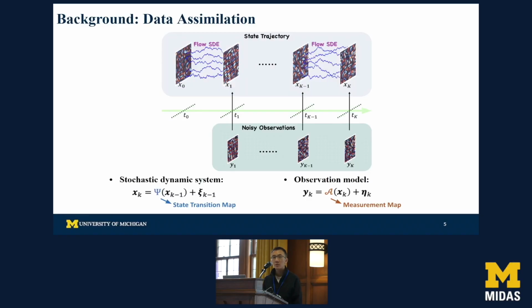Here we consider a setting where we have partial observations of X. For each state of X, we have some partial observation, where this A operator is measuring a partial observation of our X. This can be a sparse measurement, or it can be a low resolution measurement of our data.